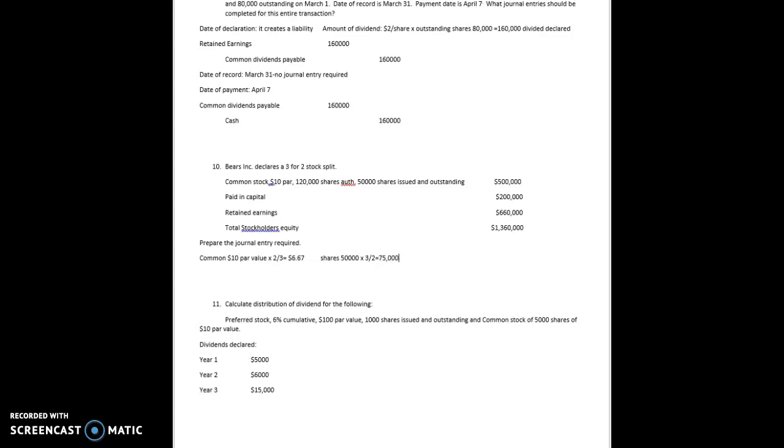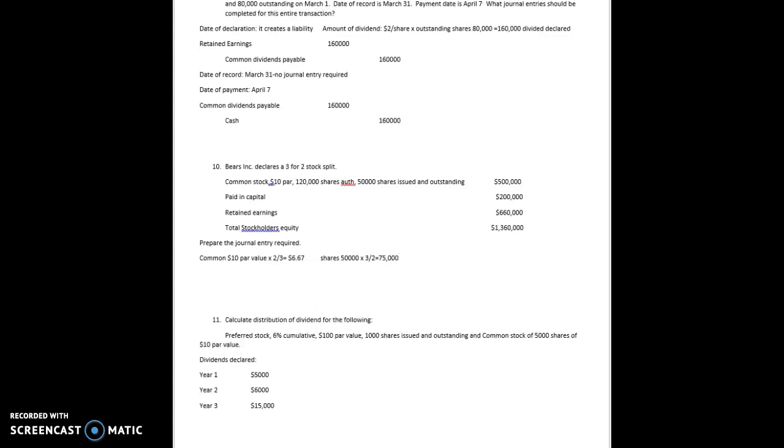So when we look at what is our number that's in common stock, we have common stock with a $6.67 par value. We have 120,000 shares that are authorized.